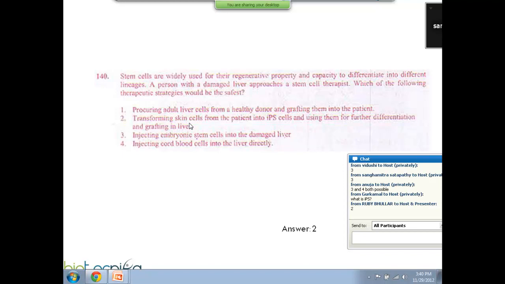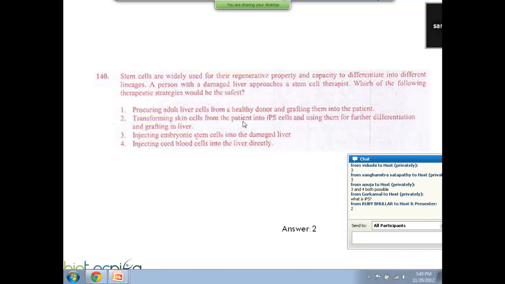If you are taking the same embryonic stem cell from the same patient, that is very important, so that you can avoid all your immunological reactions. Number one. Next, that stem cell was induced into the pluripotent stem cell, and that stem cell can produce your liver cell.